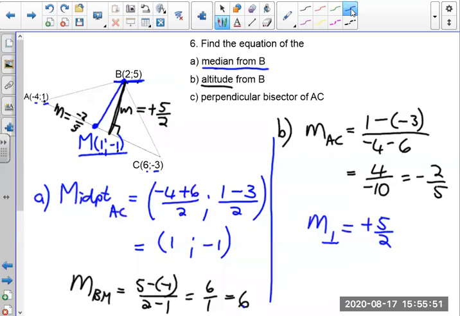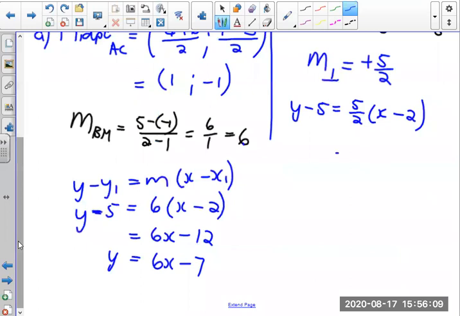Now I have only this point, so I cannot use another point. So y minus 5 equals 5 over 2 times (x minus 2). And if I simplify that, I get 5 over 2x. 5 over 2 times negative 2 gives me minus 5.